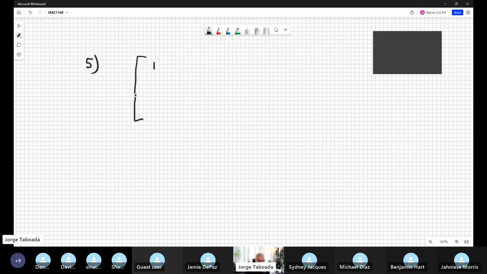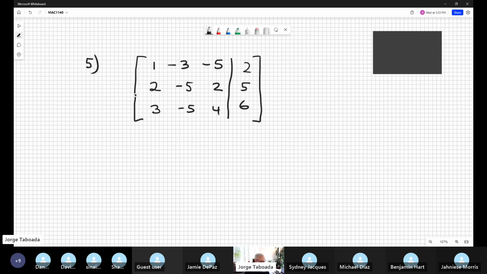Let me copy: 1, minus 3, minus 5; 2, minus 5; 2, 3, minus 5, 4. And it's an augmented matrix that you separate by the bar. The right hand side gets 2, 5, and 6. Let me double check whether I copied well or not. Yeah, I copied it. By the way, the dimension is 3 by 4.